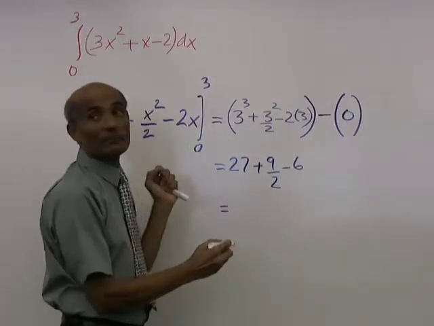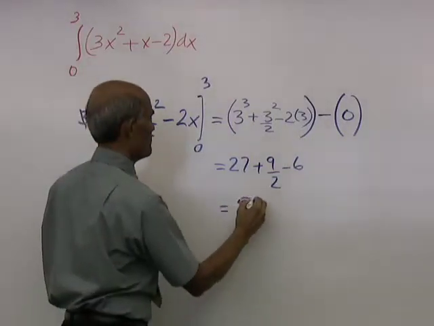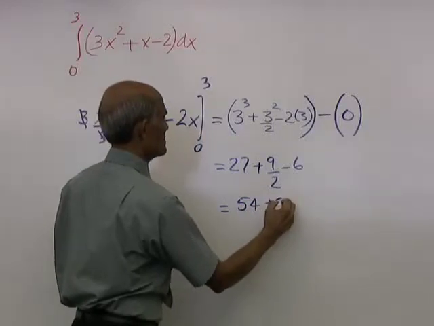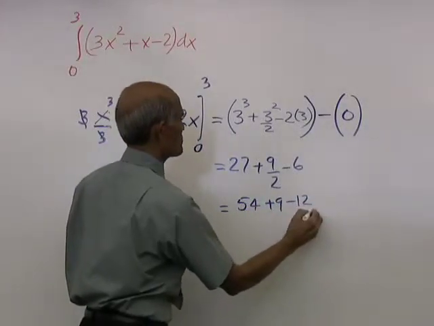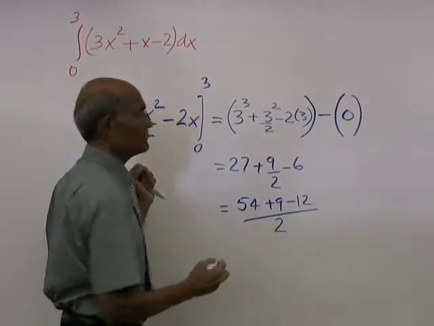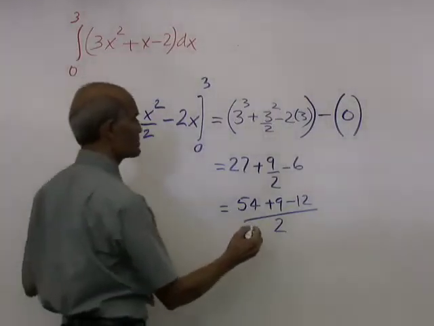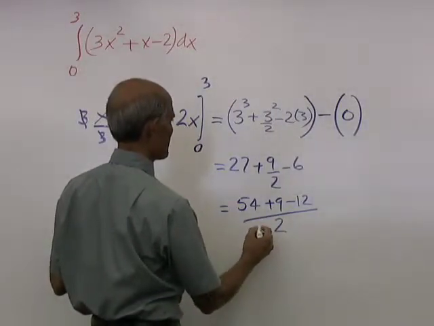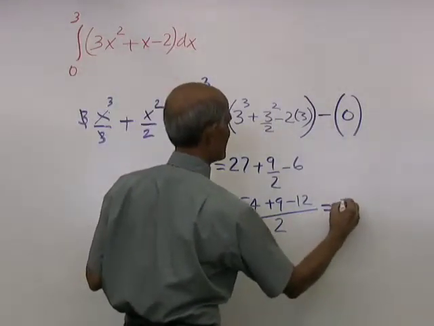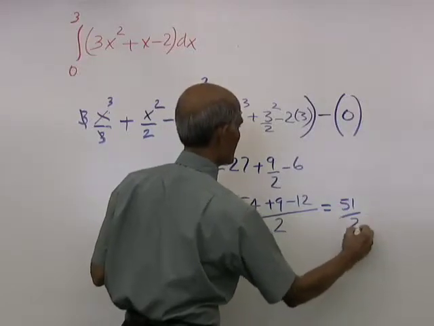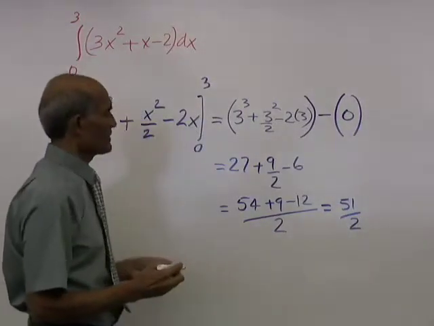And that will be 54 plus 9 minus 12 over 2. Is that right? Okay, what is the simplified form of that? Is that 51 over 2? Check this out. That will be 51 over 2.